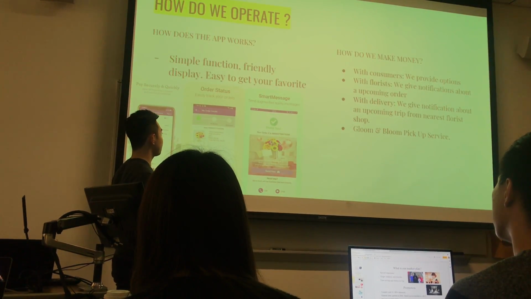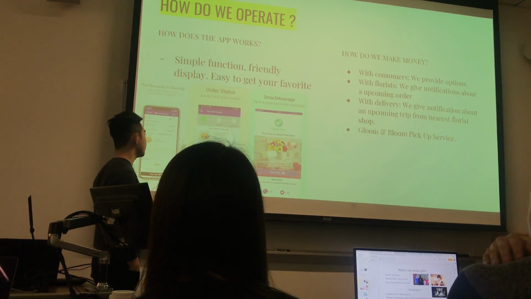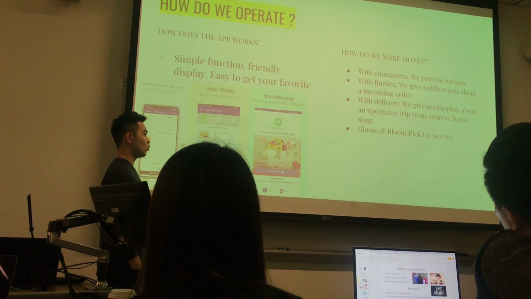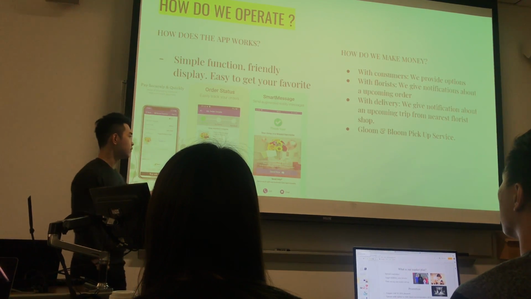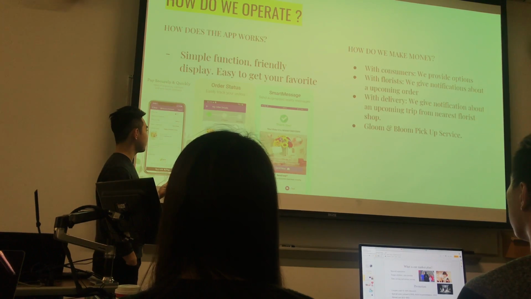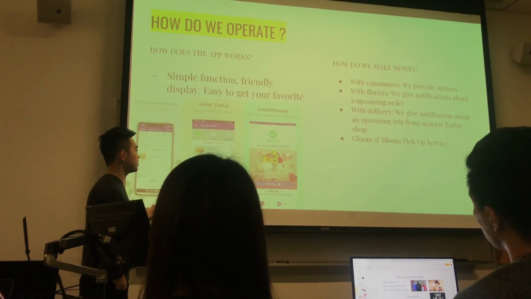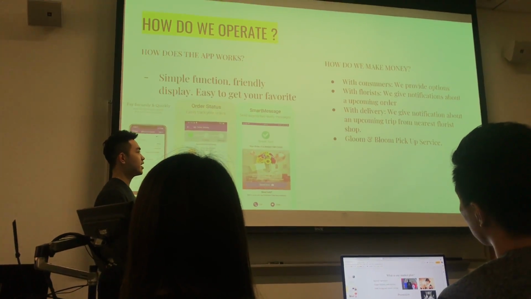You can pick up the phone, sign up for the Gloom and Bloom service, and whenever you need flowers for your wife, your girlfriend, or your special occasion, just open the app and choose flowers from your favorite florist shops, and we will be ready to ship anytime.